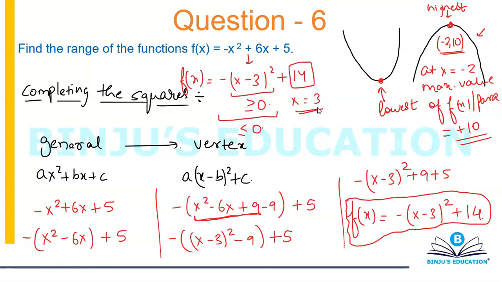For example, take 1, that will become minus 4. Take 0, that will become negative 9. So at x is equal to 3, this function is going to give you the maximum value, which is f(x) is equal to 14. So I know that the range is negative infinity to 14.